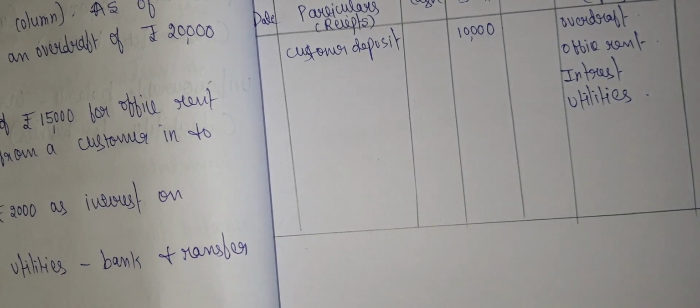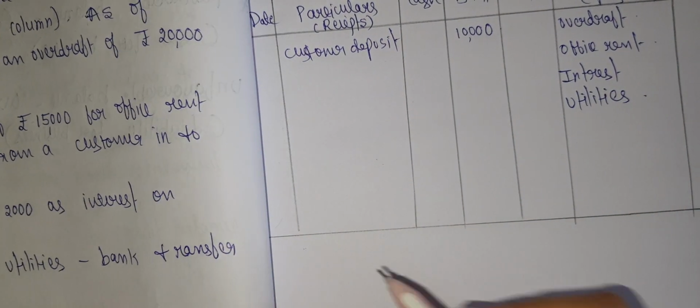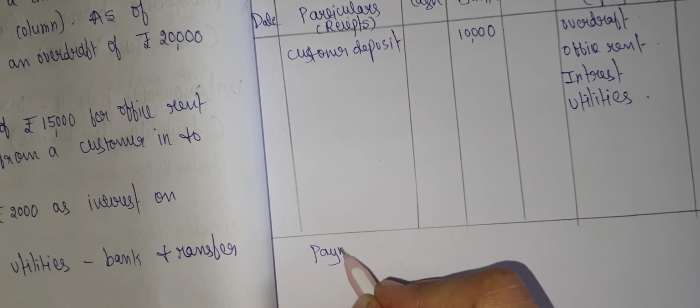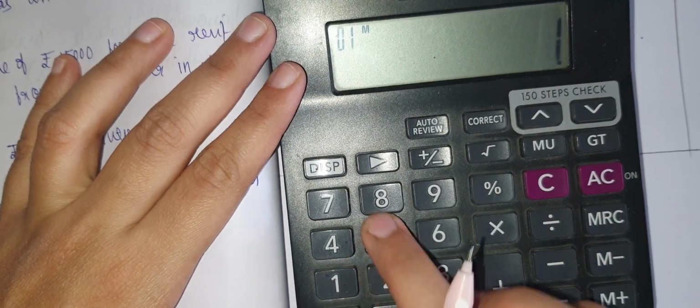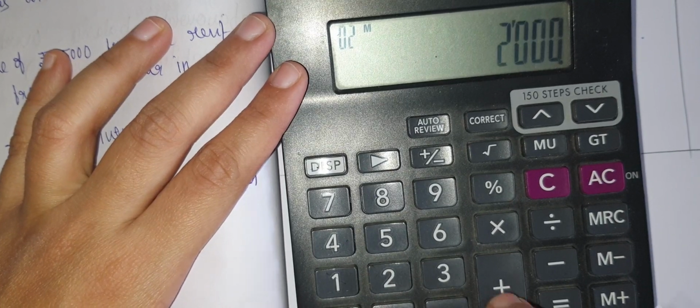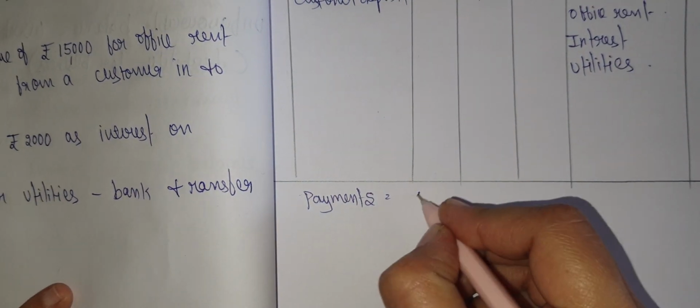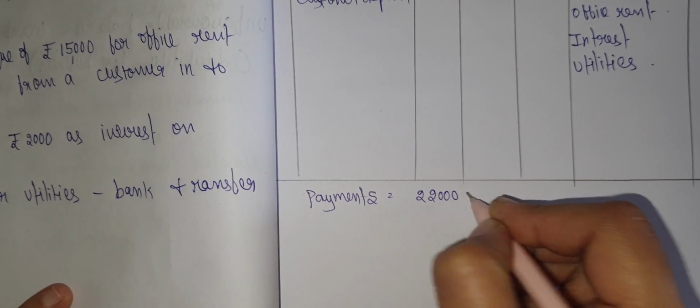See here. So in this problem, payments are 15,000, 2,000, 5,000, that is 22,000. Payments are 22,000.